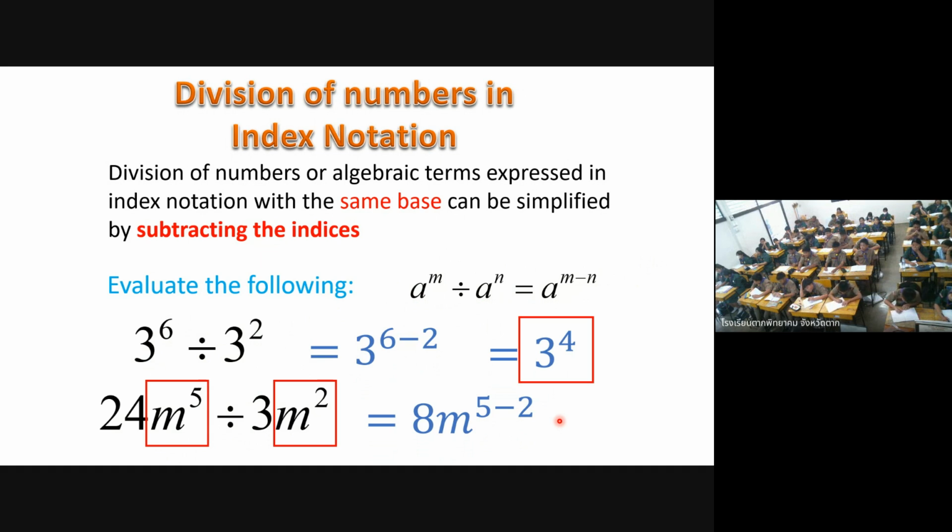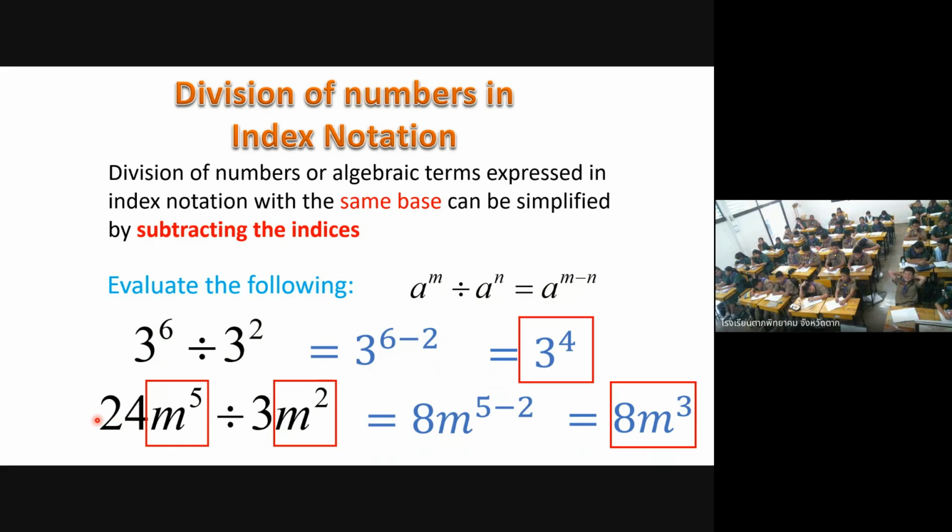And the answer is 8m to the power of 3. Easy. Now, when it comes to the given coefficient of the exponential number, you're just gonna divide it, okay? Next.